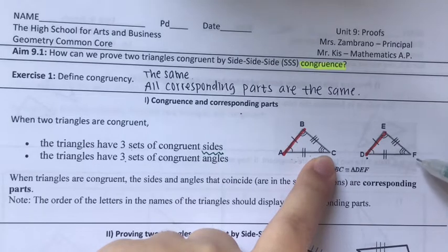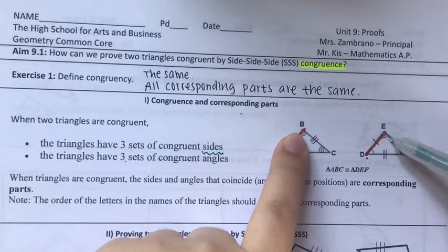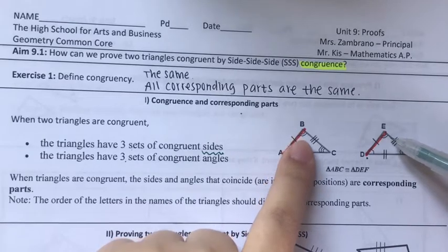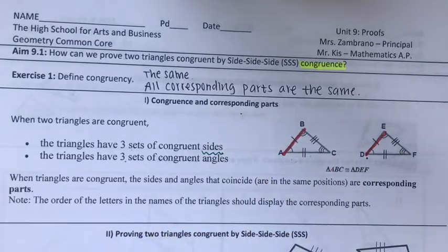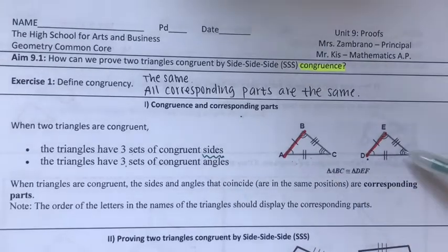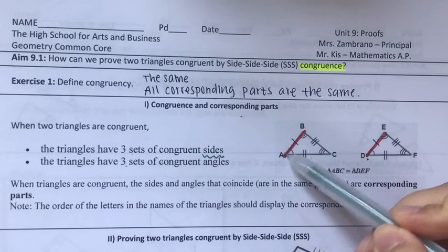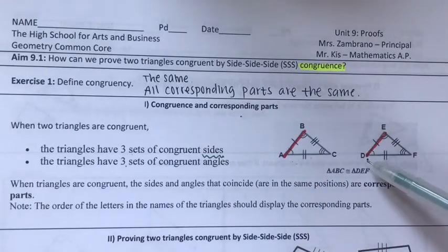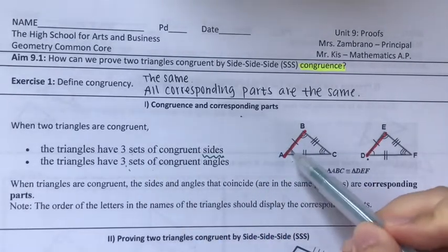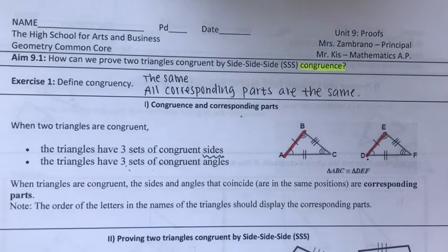Angle C corresponds to angle F, so they are corresponding angles. Now, angle B and angle E corresponds with each other, so they are called corresponding angles. So if 2 triangles are congruent or equal to each other, then they have 3 sets of corresponding sides and 3 sets of corresponding angles.